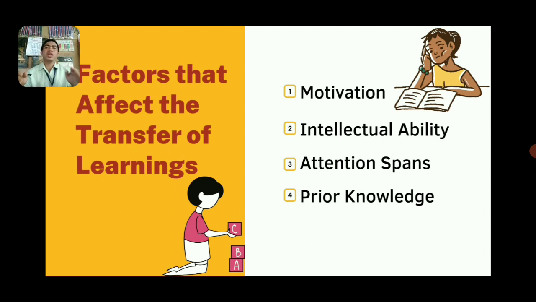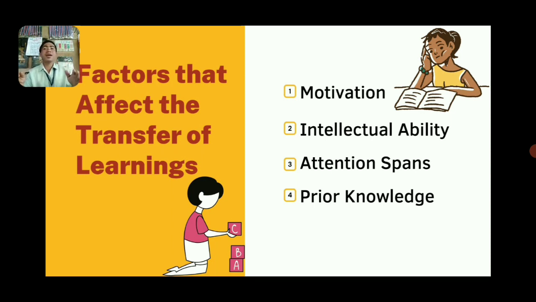So as teachers, we need to ensure that the motivation level of a student really increases as they learn the topic that we discussed. How will we increase their motivation level?